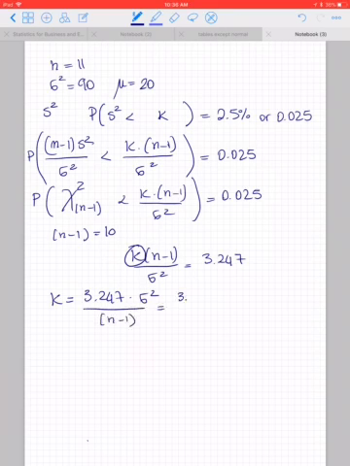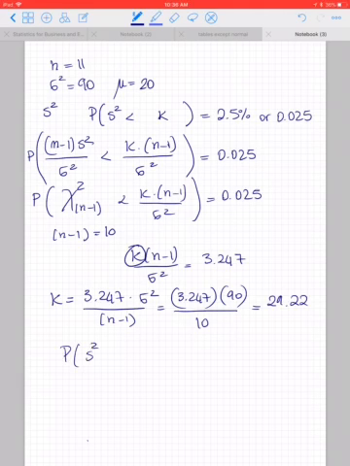That's 3.247 times 90 divided by 10, which is about 29.22. So 29.22 is the value of the sample variance such that the probability of the sample variance being less than that value is 2.5%.